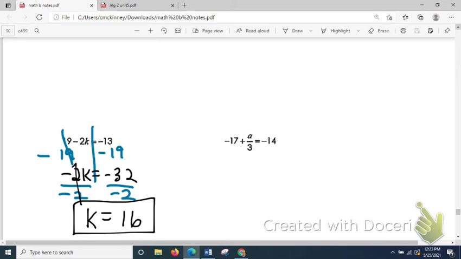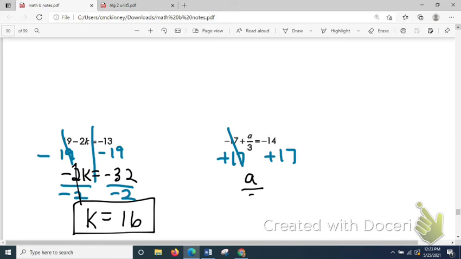All right, next up, we've got one with a fraction in it. We're still going to undo that addition and subtraction part first. Then we'll deal with the term that has the variable by multiplying in this case. So first, let's get rid of that negative 17. Since it says negative 17, we're going to add 17. Do the same thing over here.